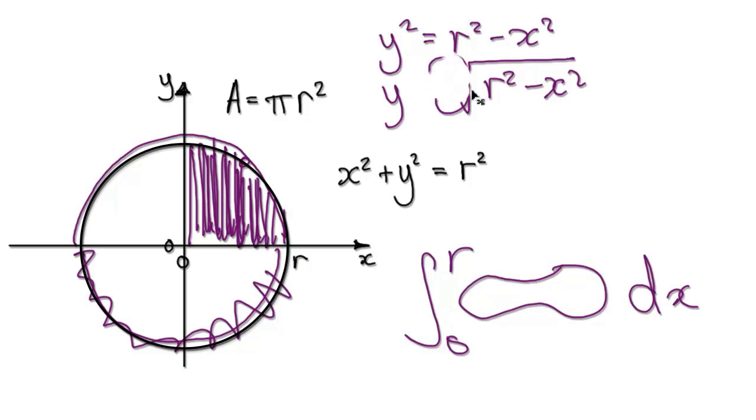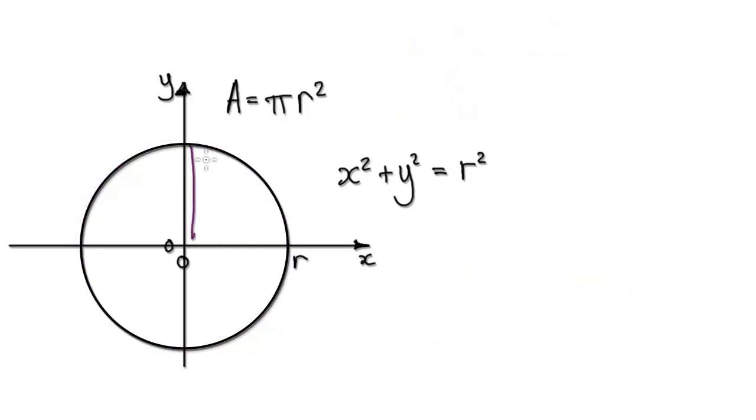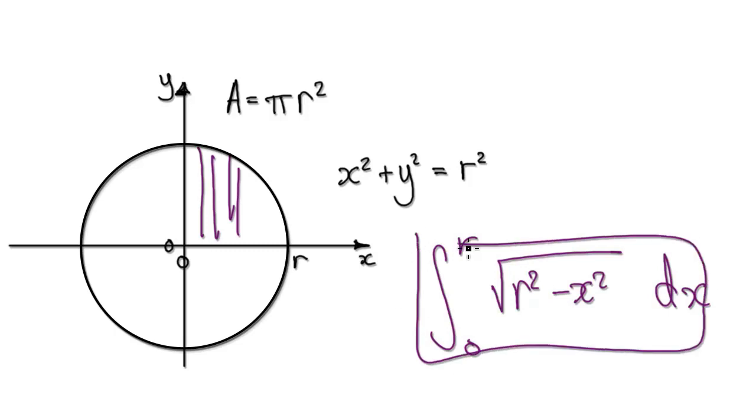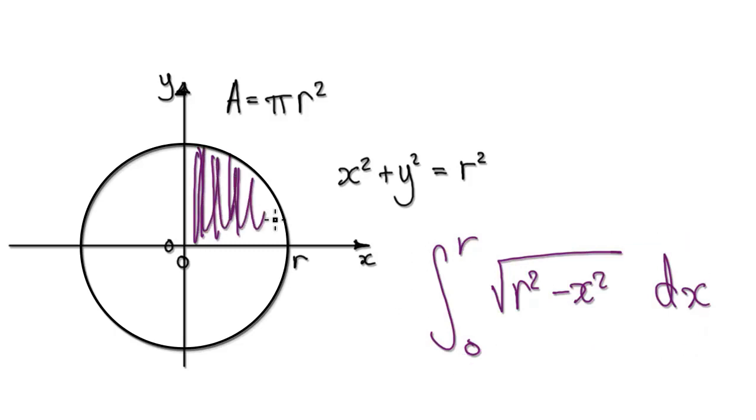So let's start again. We're summing up all the heights, and we're moving in the x direction. So it's going to be from 0 to r, all the heights in the x direction. Well, the height is given by the square root of r squared minus x squared, and this thing here will then give us the area of a quarter of a circle.